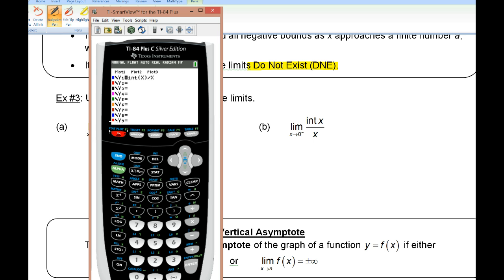So it looks like from 0 from the left, what would you guess? It kind of stops. So how could we check? We could do Zoom Box, or we could do the table. Now I'm looking at values closer to 0 from the left. So that's like negative 0.1, negative 0.01, negative 0.001. What's happening to my values? They're getting larger and larger. Do you think it's going to stop?